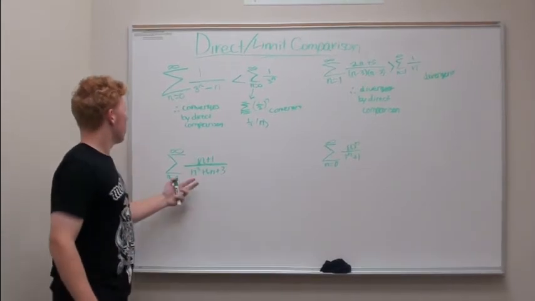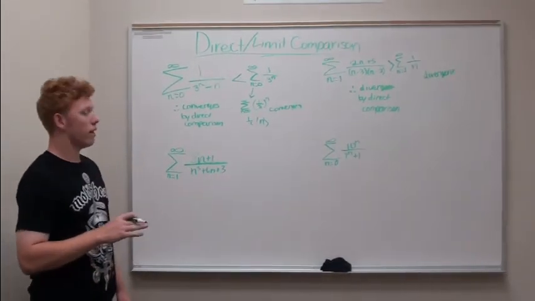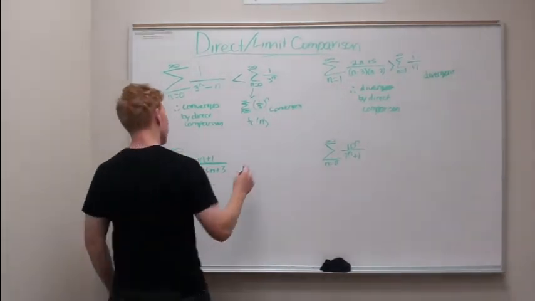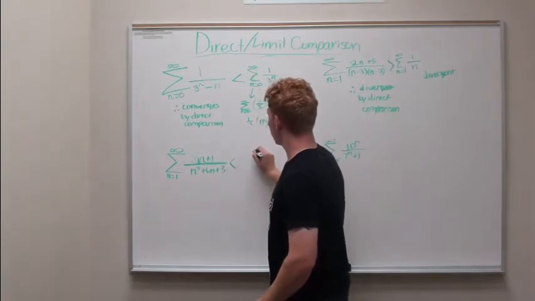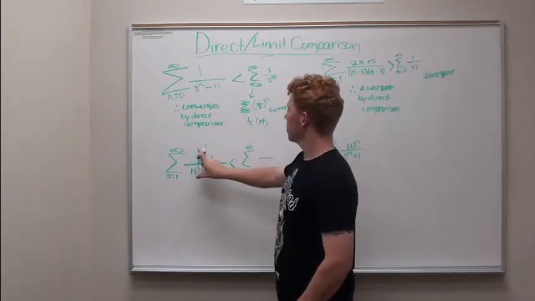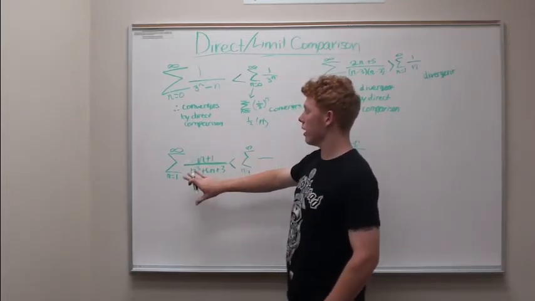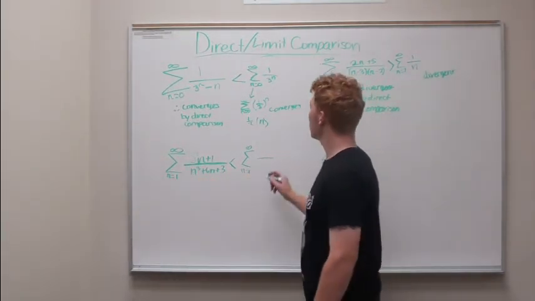Alright, now, this next series right here, we are going to go ahead and test the convergence. So, for convergence, you would choose a series that would be larger. Now, you take the two n values, you get 8 times n over n to the third power.